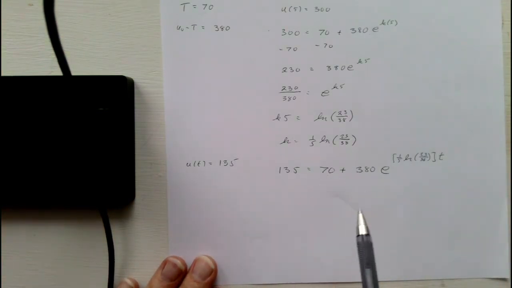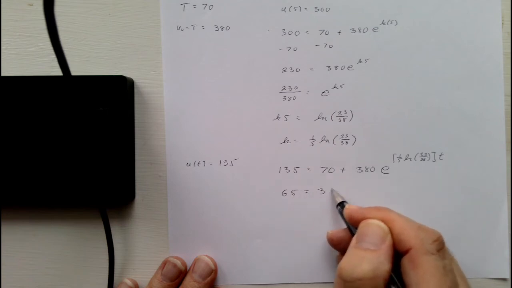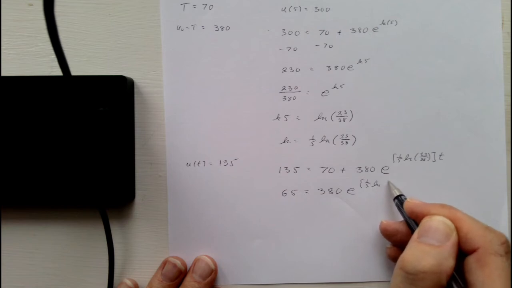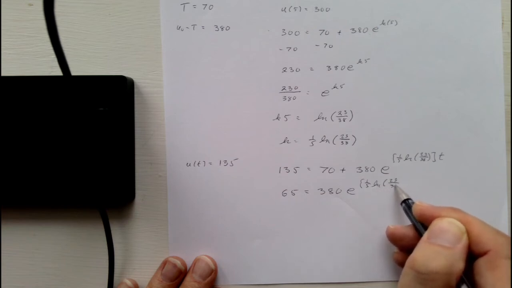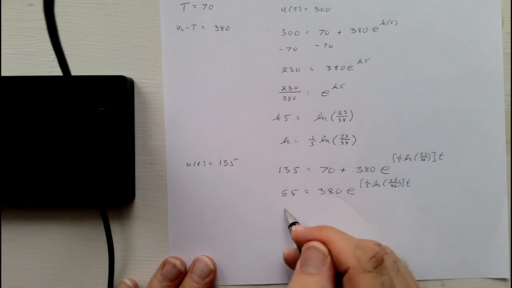Once again, we can subtract 70 from both sides, and we'll get 65 equals 380 e raised to this number. Then we divide both sides by 380.